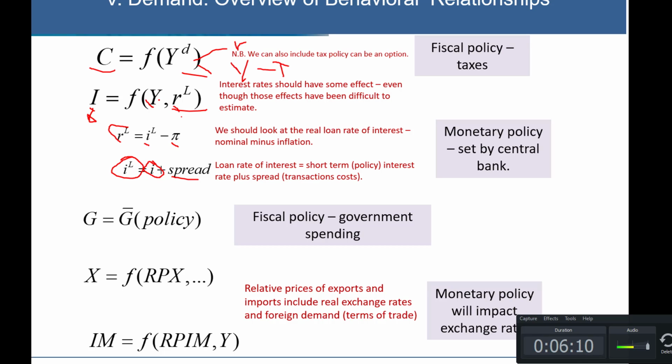So that's why most investment functions will include GDP, an accelerator, as well as the interest rate.